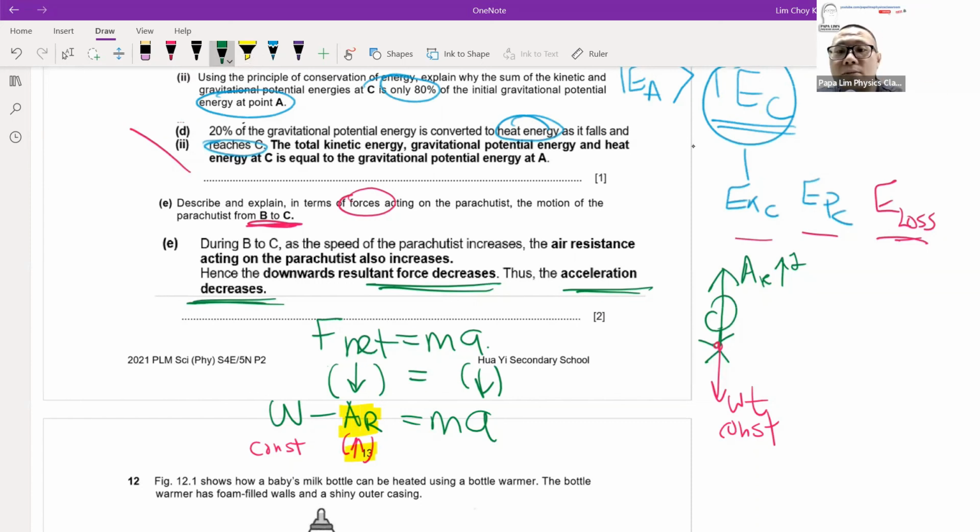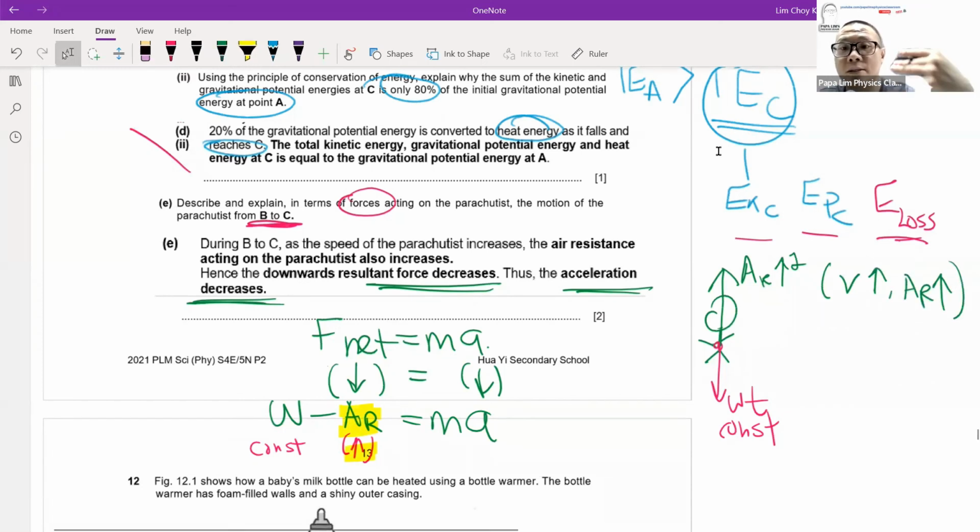Remember, air resistance is proportional to speed. As my speed keeps increasing, my air resistance gets bigger, the difference between the two gets smaller, and so my acceleration gets smaller and smaller. This is what we mean by the changes in the forces.